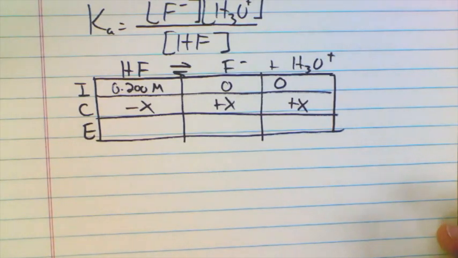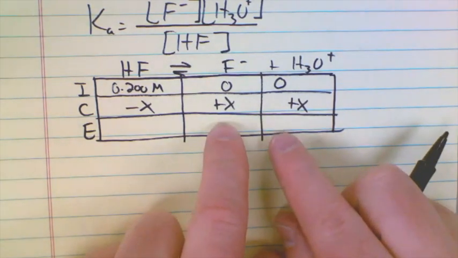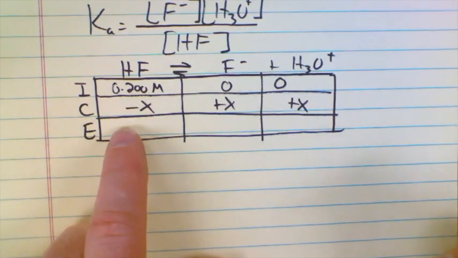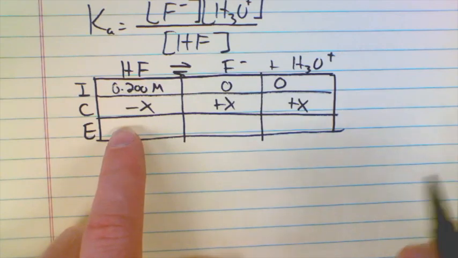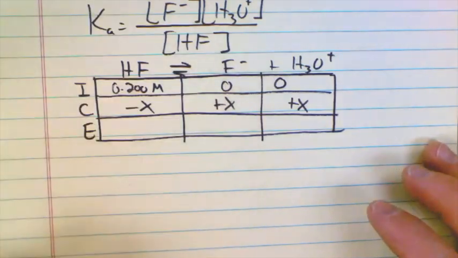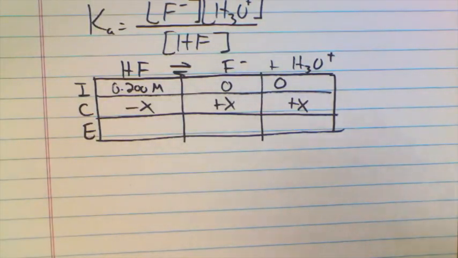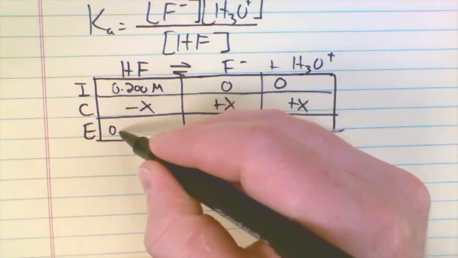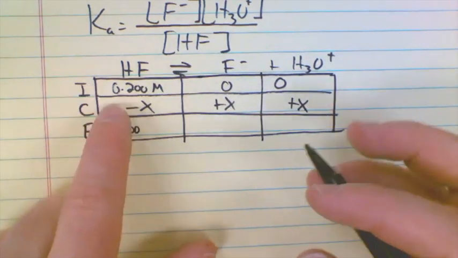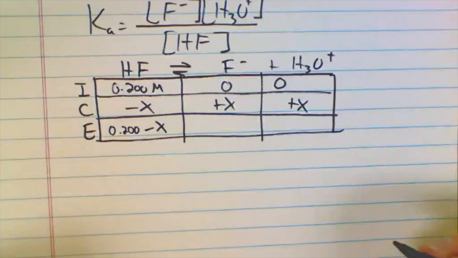We don't have these values, but in a way we do know the equilibrium value. Does anybody know what it's going to be? It's not going to be 0, because it's a weak acid, so this one won't be 0. It's going to be our 0.200 molarity minus x.